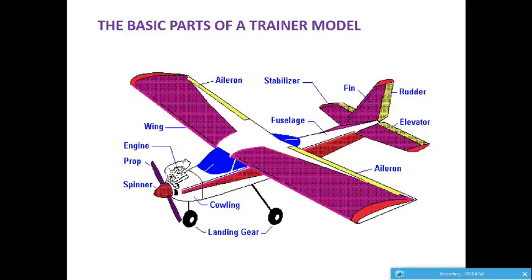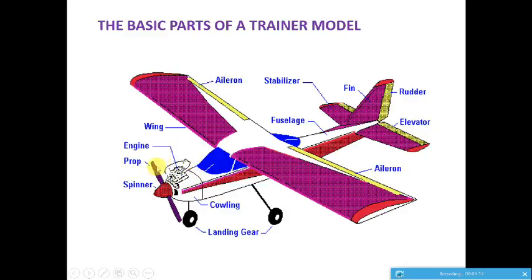So all these aileron, stabilizer, fuselage, fin, rudder, elevator, landing gear remain the same. And okay, this is one device that makes it different from a real aircraft.